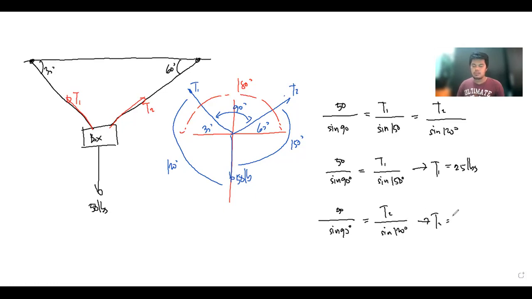T2, on the other hand, would be 50 times sine of 120 divided by sine of 90, so we have 43.3 pounds. Basically, from the two answers, T2 is the biggest tension experienced by the rope.